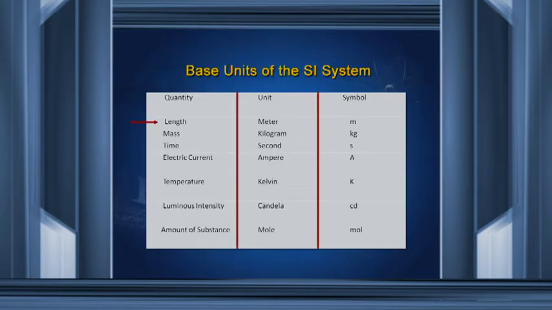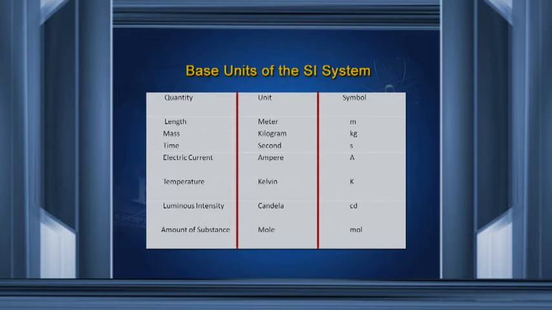We have the quantity mass, the unit is kilogram and the symbol is kg. Then we have time, the unit is second and the symbol is s, small s.